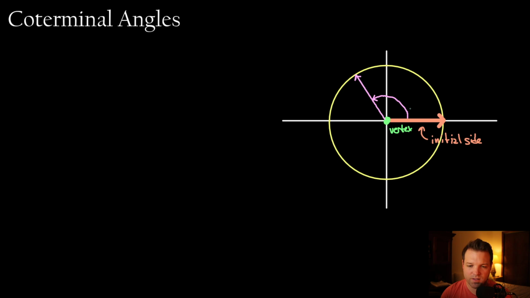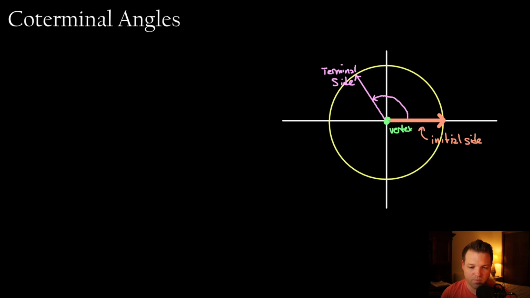And so when this thing rotates, it's going to rotate by some kind of angle. We can call it theta or whatever, but it's some kind of angle. But ultimately, this guy right here is called the terminal side. Okay, so we have the initial side.